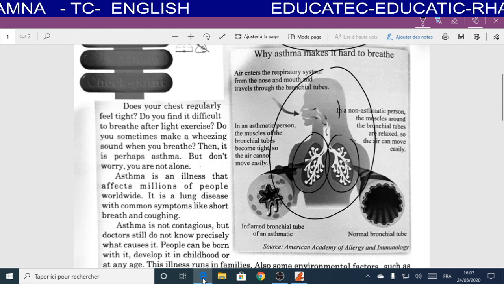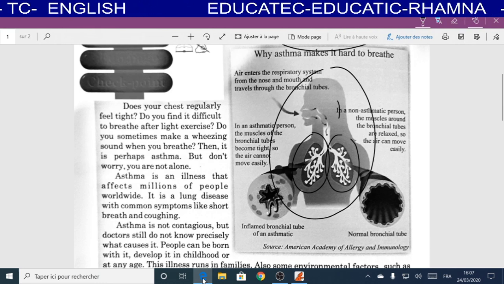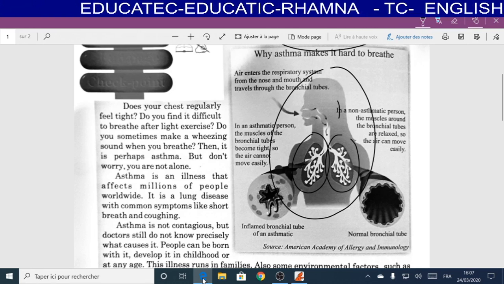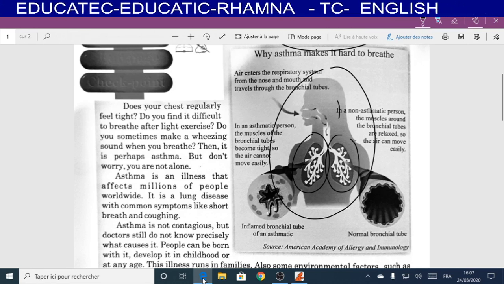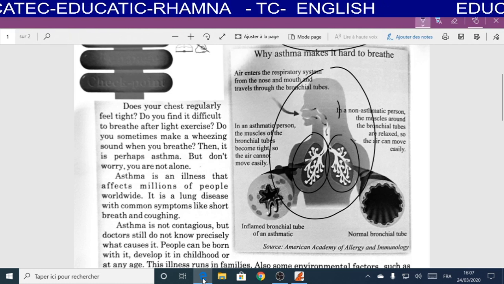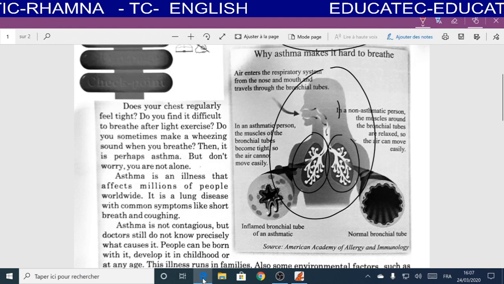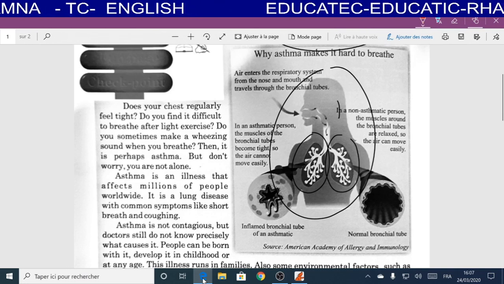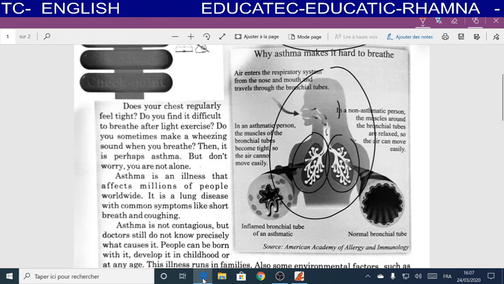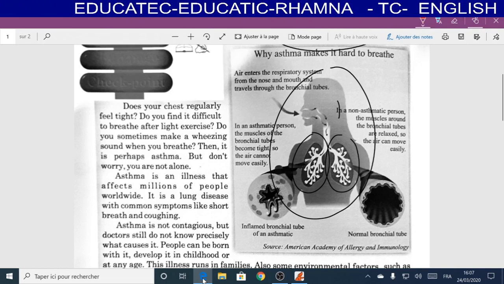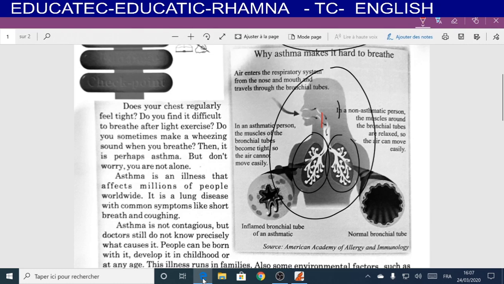For the first one, in a non-asthmatic person, the muscles around the bronchial tubes are relaxed, so the air can move easily and without a problem. And in the other case, in an asthmatic person, the muscles of the bronchial tubes become tight, so the air cannot move easily.